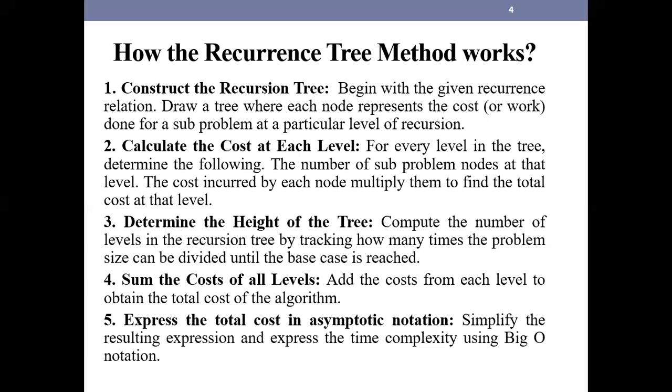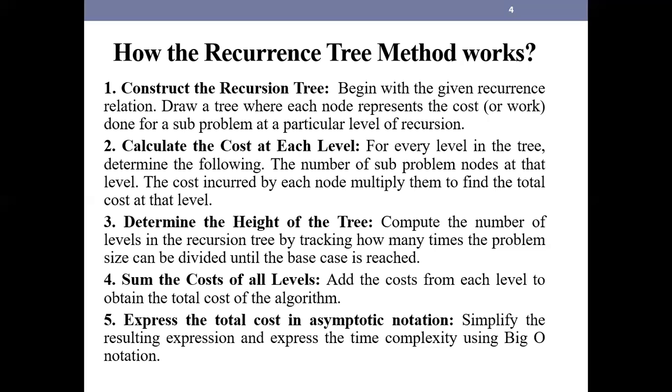After solving the recurrence relation, find the time complexity, or big O notation, or by applying any asymptotic notation, we can find the upper bound, that is the maximum amount of time taken by the algorithm. That gives the order of growth, or time complexity, for the given recurrence relation. So these are the important steps in the recurrence tree method.